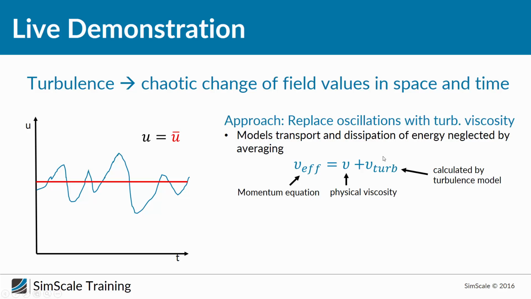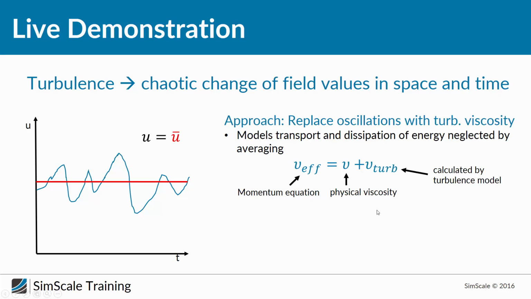And this viscosity is not really a viscosity. It's not physically existing. You cannot measure it because it's not there. But this, let's say, new viscosity can be calculated with external models. That means you don't have to resolve all scales. You can use additional transport quantities.